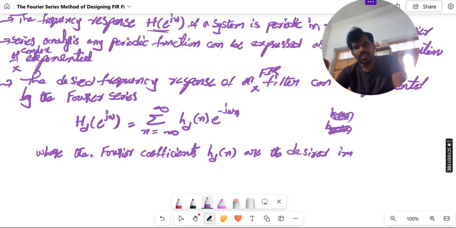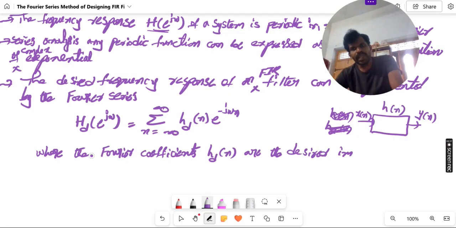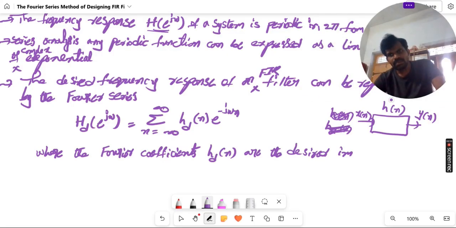To get an output from a filter, we consider x of n as an input and convolve x of n with the impulse response to get the output y of n. In a similar way, here also, the impulse response of this FIR filter is the Fourier series of the desired filter.